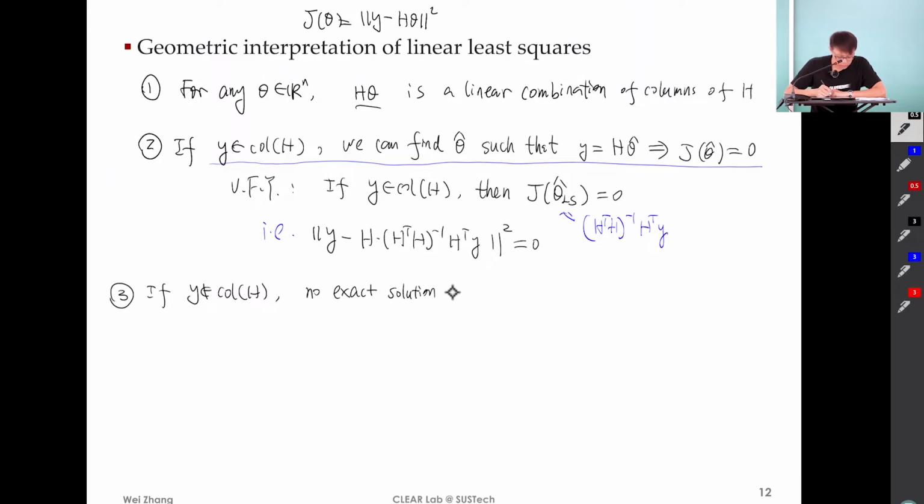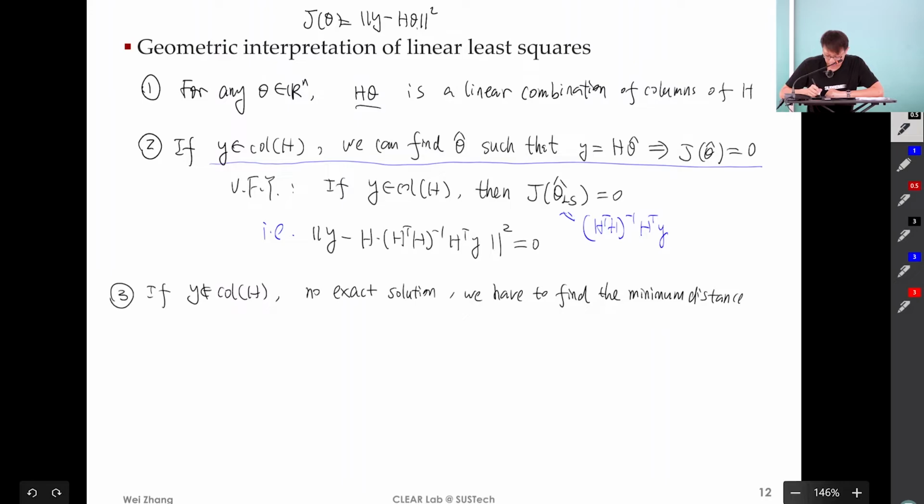We have to find the solution with minimum distance. By changing theta, you are changing this H theta as a vector, but you know this vector will never agree with y, and you want to find the minimum distance solution.